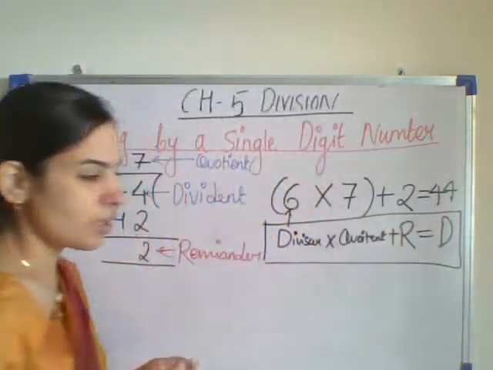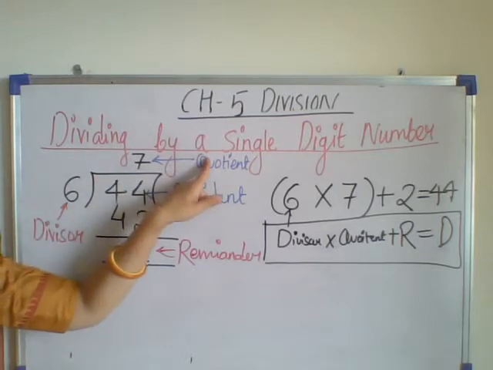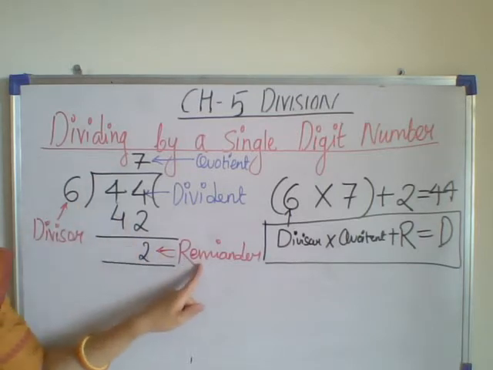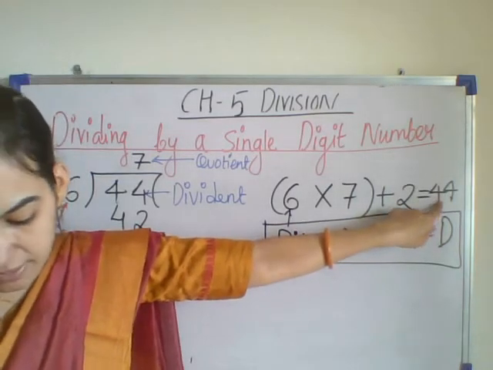This is the rule. So what is the rule? To check a division result, multiply the quotient by the divisor and add the remainder to this product. The result should be equal to the dividend.